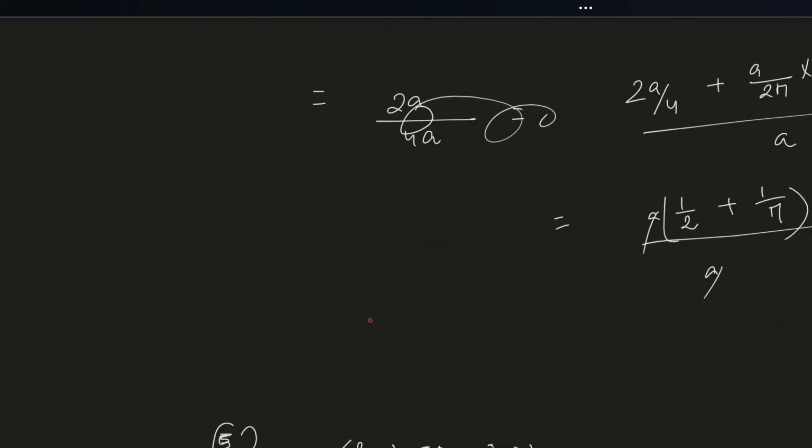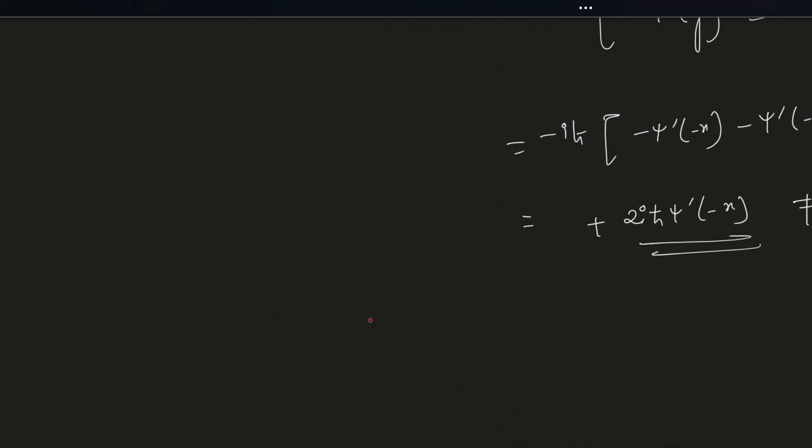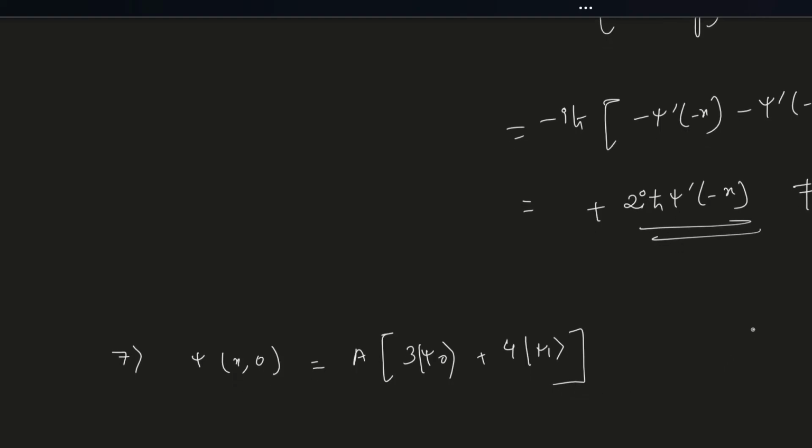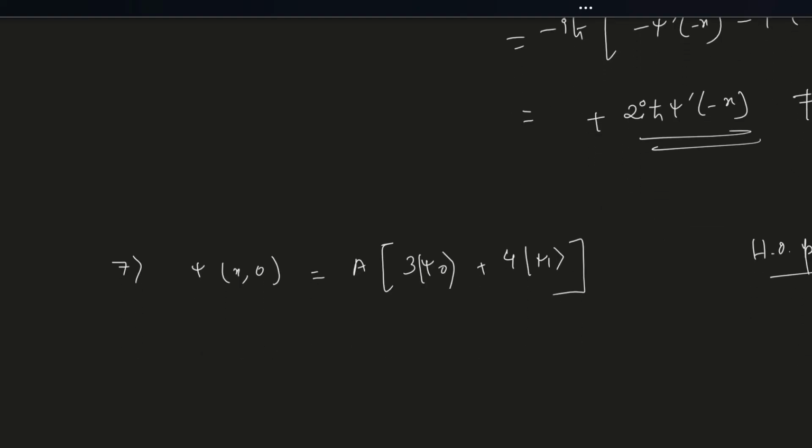So let us choose a page. Psi x0 is given, okay, is equal to a times 3 psi 0 plus 4 psi 1. And remember this is a harmonic oscillator problem. So for a harmonic oscillator problem, the eigenvalues and eigenfunctions are well known.